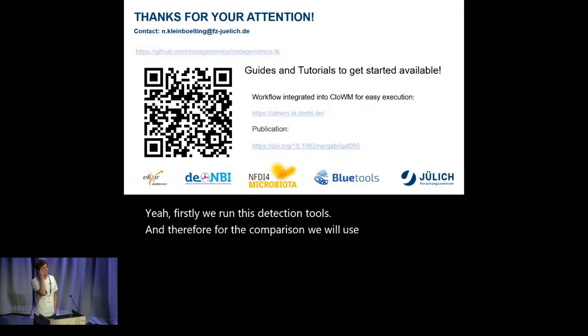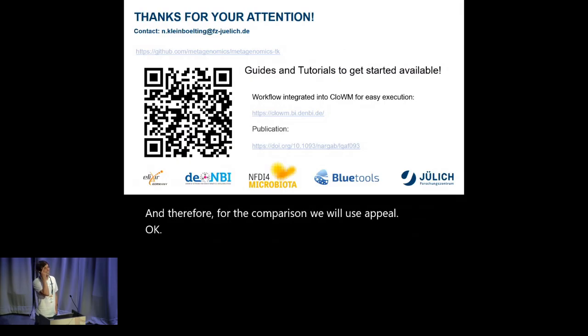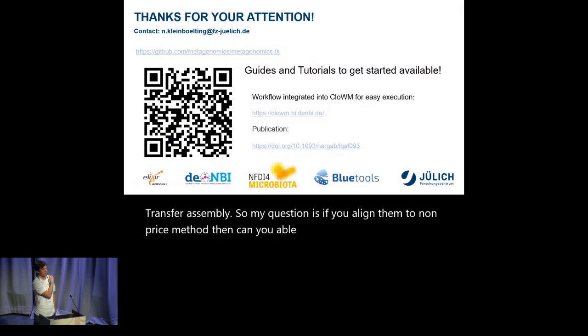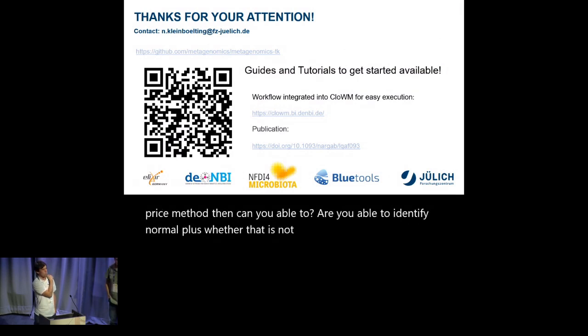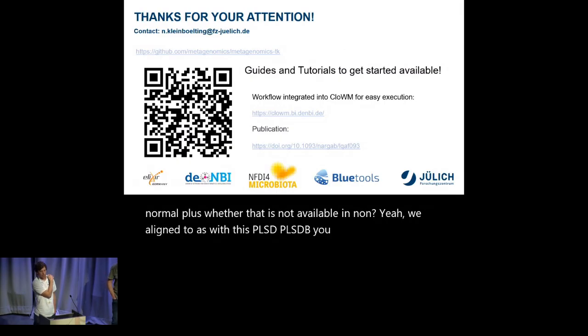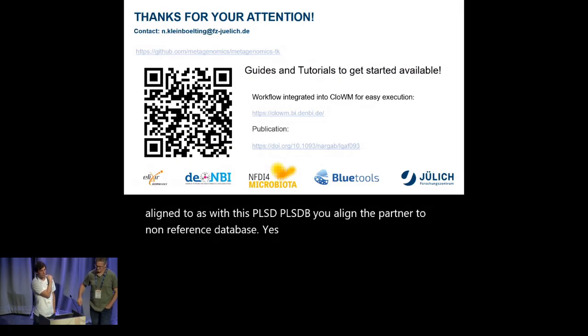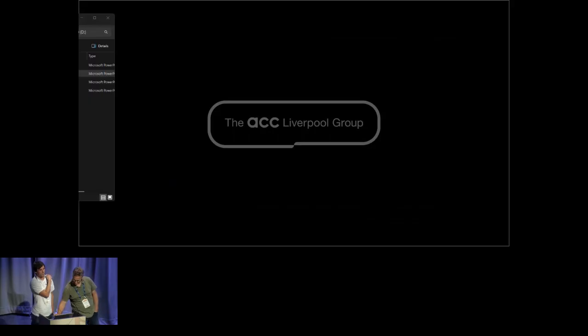I also do plasmid assembly. So my question is, if you align them to the non-redundant database, are you able to identify novel plasmids that are not available in it? Yeah, we align to PLSDB.